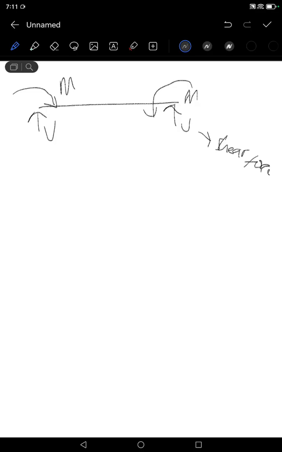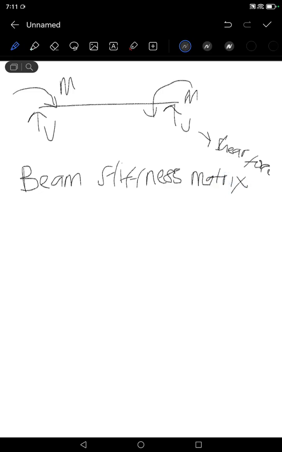From those two diagrams, we're going to get a beam stiffness matrix, K, the global stiffness, which equals EI over L cube.